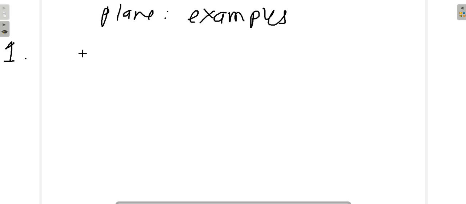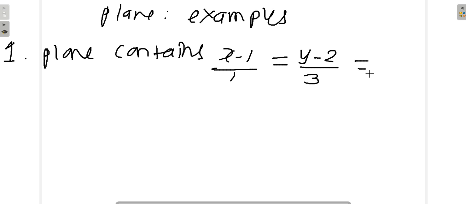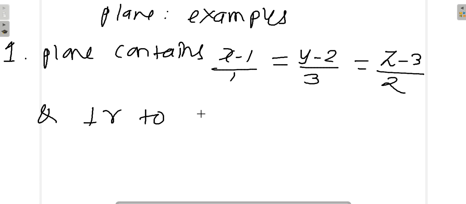We are supposed to find the equation of plane which contains the line and which is perpendicular to another plane whose equation is given by.